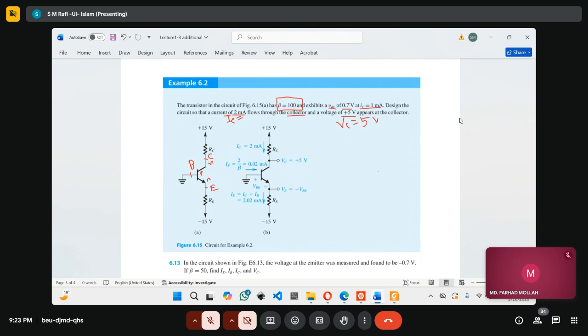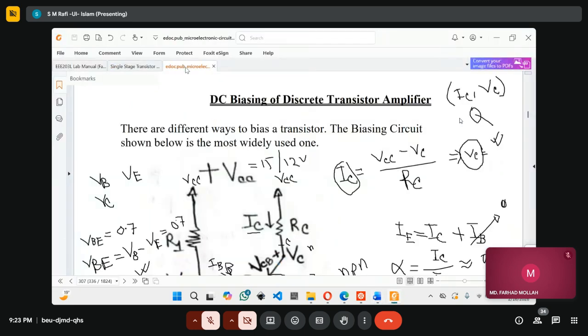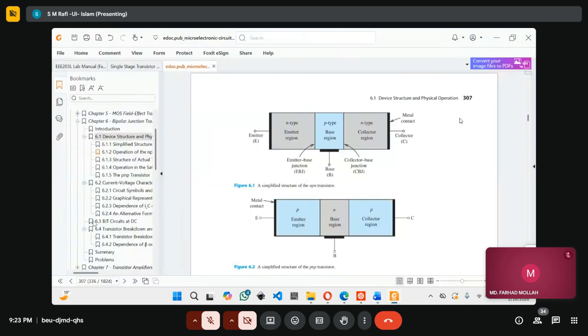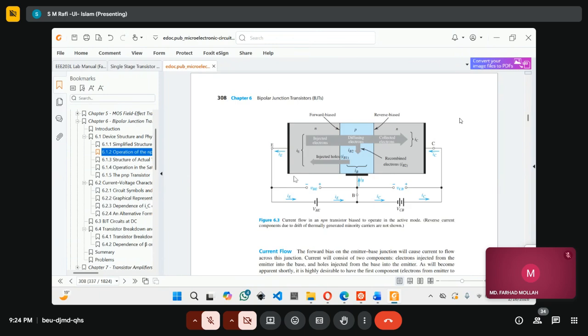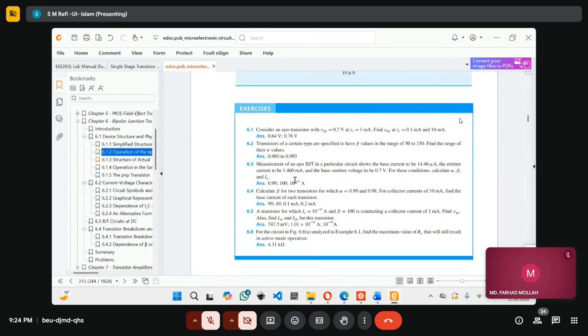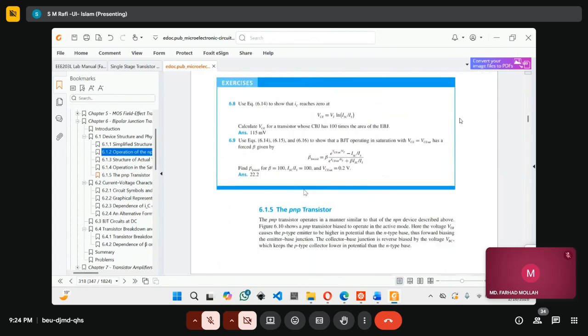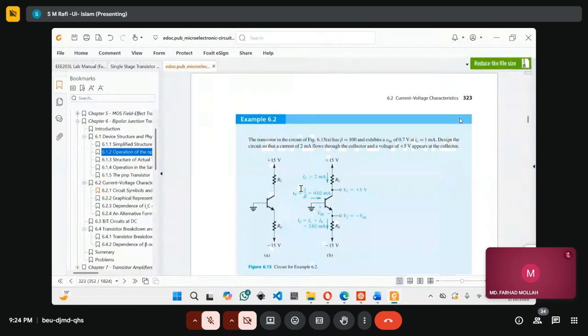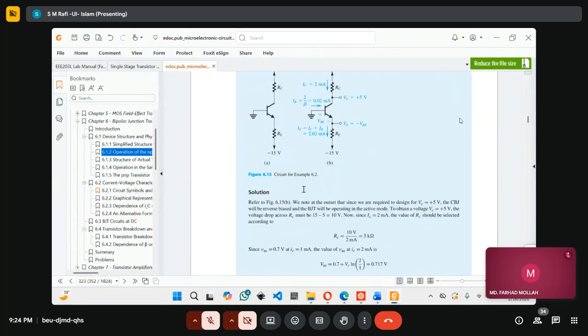So no, that is not an AC current. That is for the testing of the transistor. So we'll consider VBE as constant. Maybe I can show you the workout from here, 6.2.